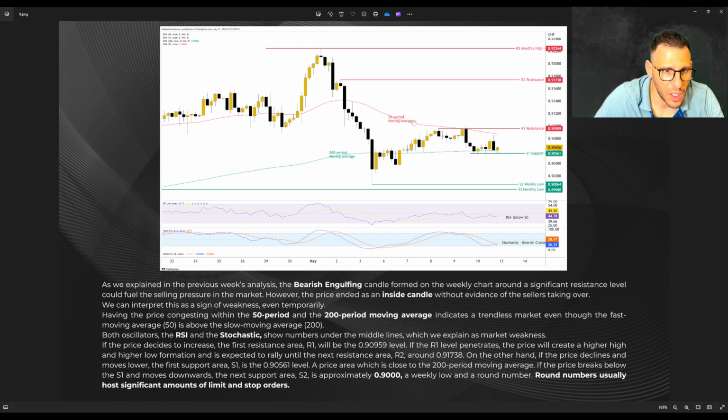Now, on this chart here, we plot the 50 period and the 200 period moving average, and we show that the price is congesting between these two moving averages. So the market is not trending, and that's the information we extract from the market. Also, we want to trade what we see, not what we think.